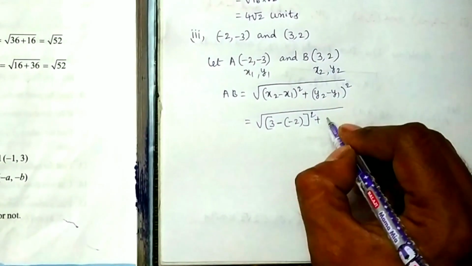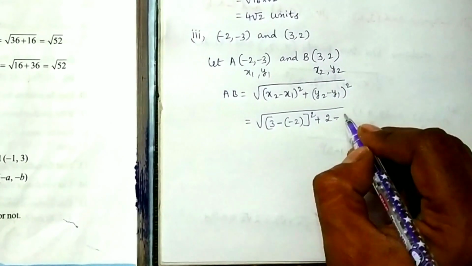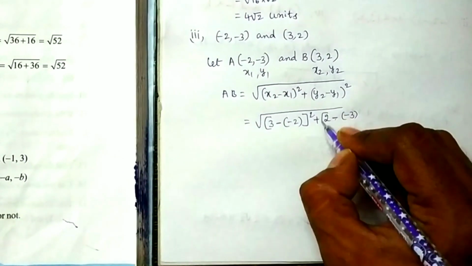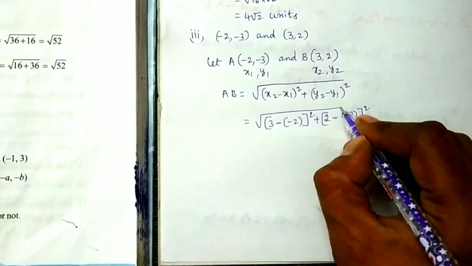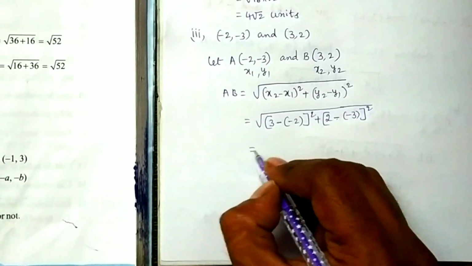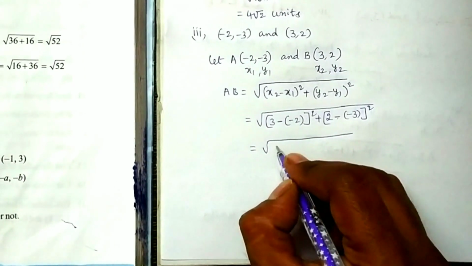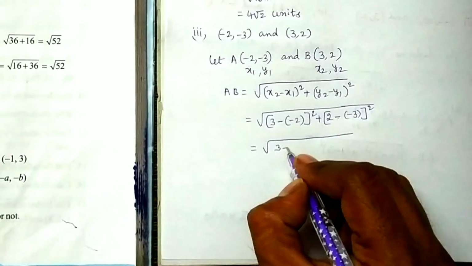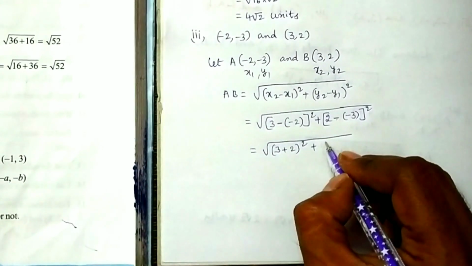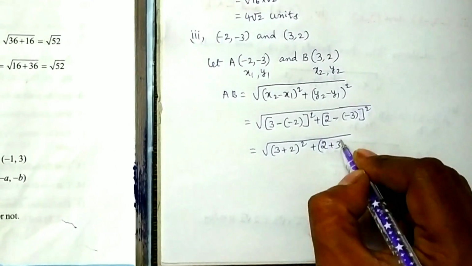What is y2? 2. Formula minus this one, and again y1 is minus 3. Simplify these values. Square root of (3 minus of minus 2, that is 3 plus 2) whole square plus (2 minus of minus 3, that is 2 plus 3) whole square.